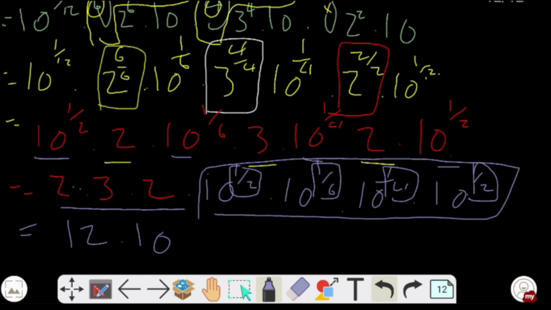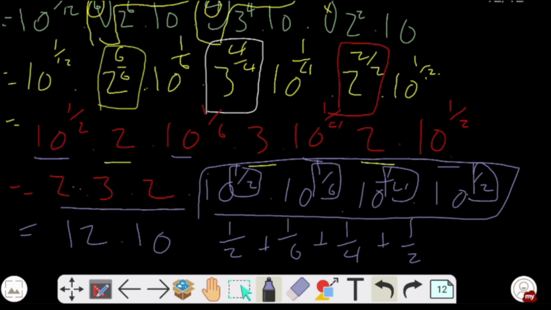So let's add them. It's 1 over 2 plus 1 over 6. I'm going to run out of space, so let me just rewrite this here. 1 over 2 plus 1 over 6 plus 1 over 4 plus 1 over 2.